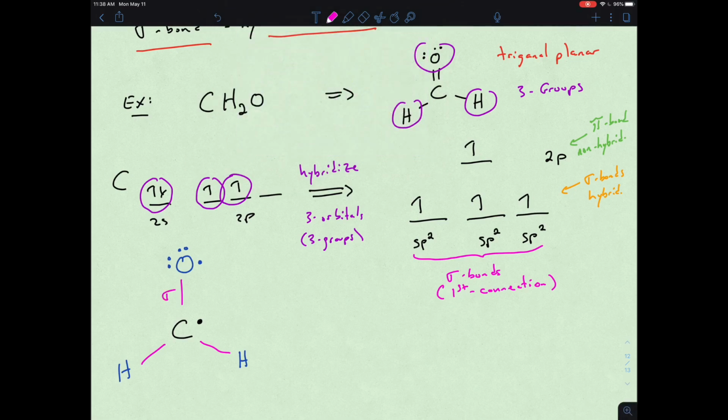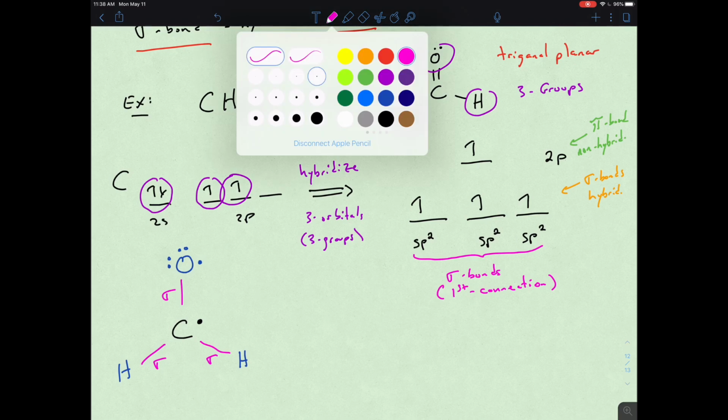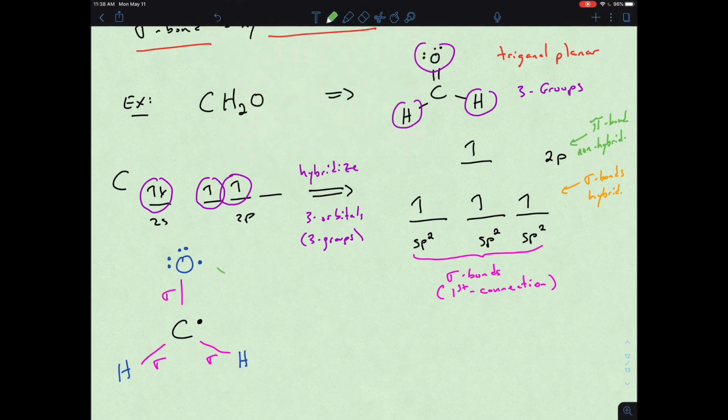So we have our three sigma bonds that are here, and it's these two that are left over is where the pi bond will basically form.